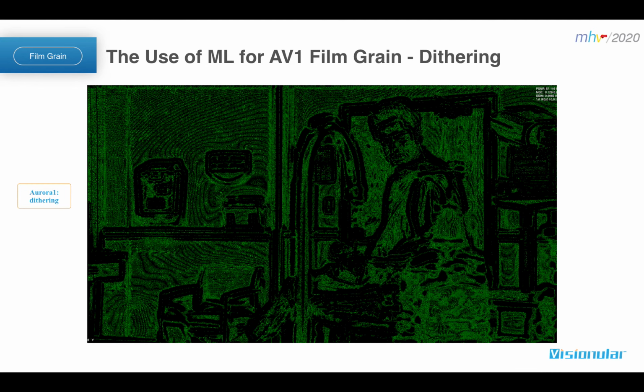On the other hand, in our algorithm, we mainly try to add dither on those edge areas and also on those gradually changing areas, and for those flat areas where the adjacent frames present very close pixel values, we don't add much dither noise.